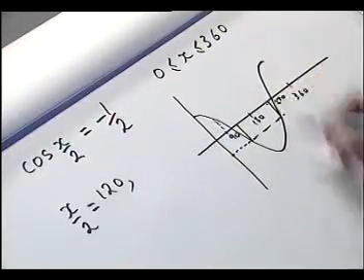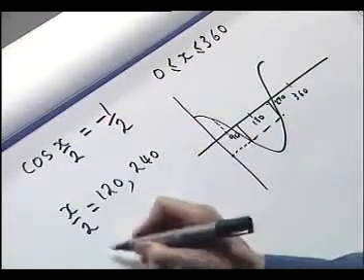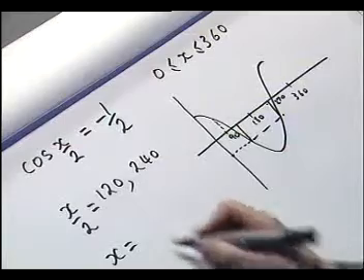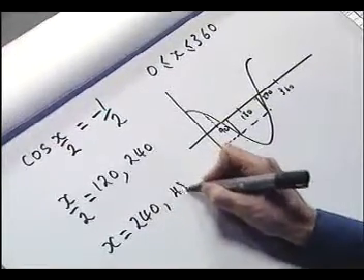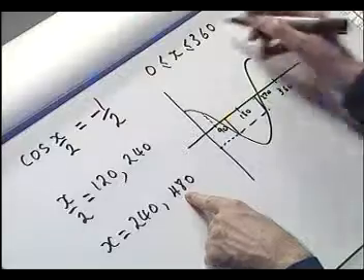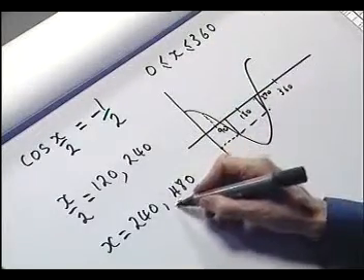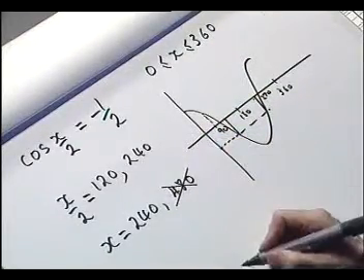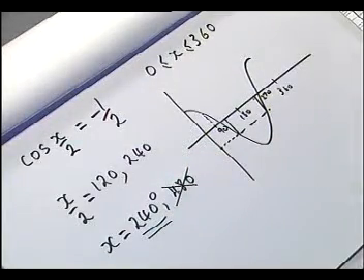And this one must be 30 back, in other words, 240. So now we multiply up by 2 and we get 240 and 480. But of course, this one is outside the given range. The range is 0 to 360, so we do not need that answer. We just want the 240.